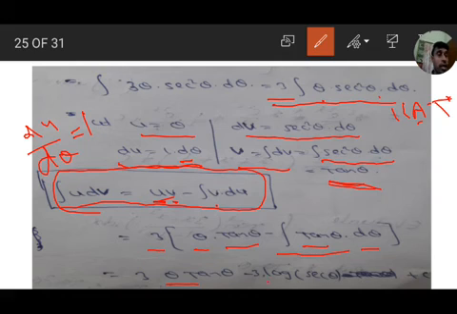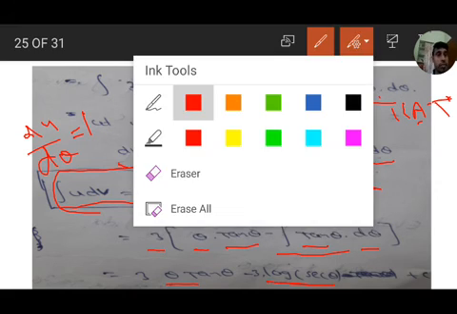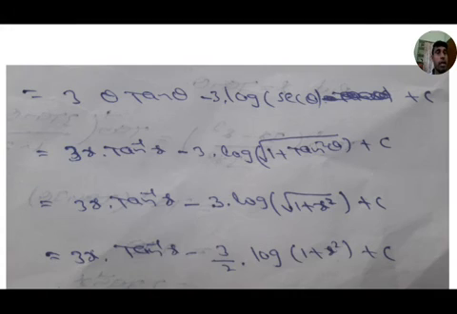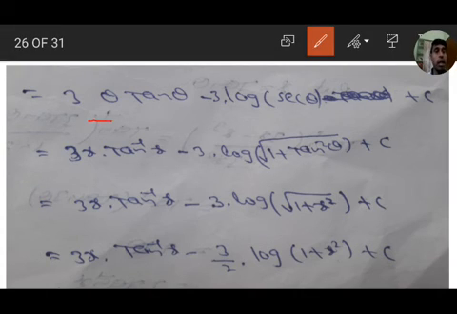Integration of tan theta is log of sec theta. So 3 theta tan theta minus 3 into log of sec theta plus c.